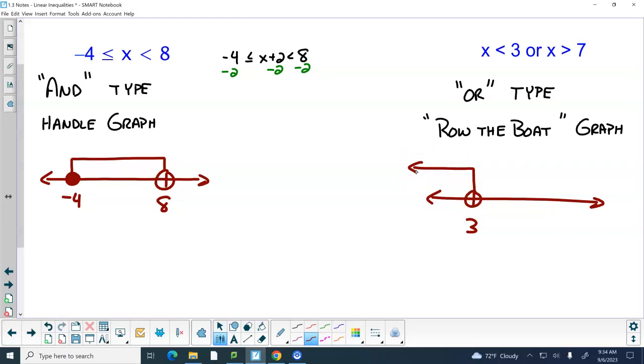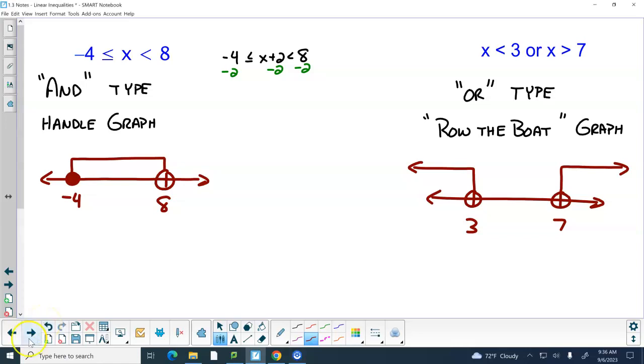Then we've got a number at 7. Open or closed at 7? Arrow going left or right? Going to the right. So it literally looks like a rowboat, a person sitting in the middle rowing a rowboat. Okay? That's why I call it rowing the boat. The 2 words.